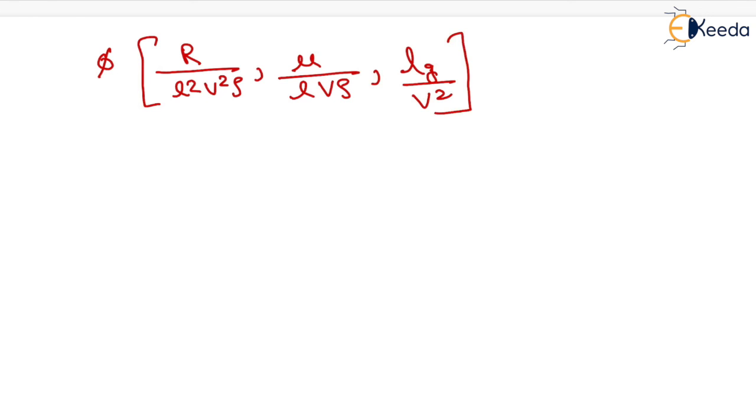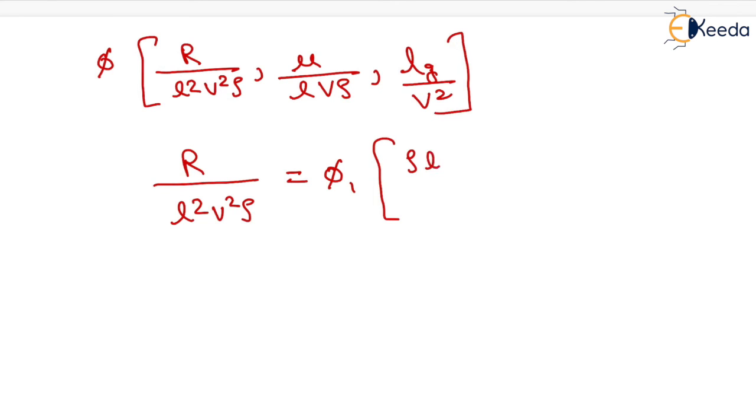Now we know that phi is a function of R upon L square V square rho, mu upon L V rho, and Lg upon V square. So R upon L square V square rho will be equal to phi 1 of rho L V upon mu and V upon under root of Lg.